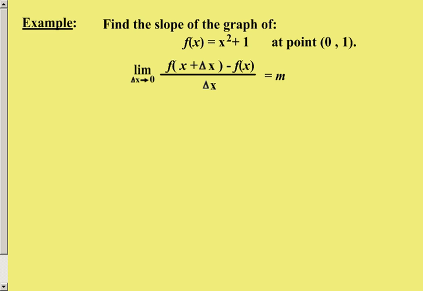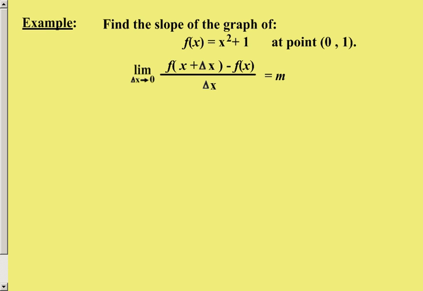A lot of times in mathematics, one of our biggest problems is we make the error of trying to plug too much information together mentally before writing anything down. So I would make it a habit to write down your formula so you can have your problem and your formula written in the same place at the same time. The limit as delta x approaches 0 of f of x plus delta x minus f of x over delta x, and that is your slope.